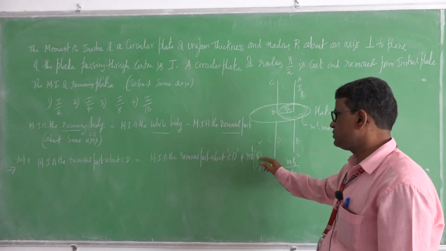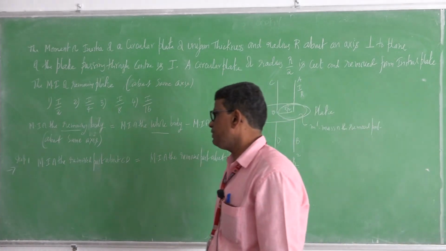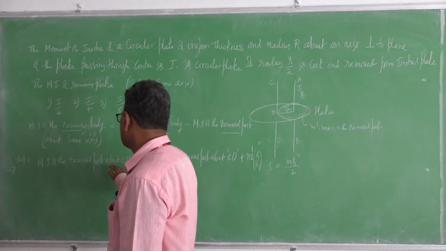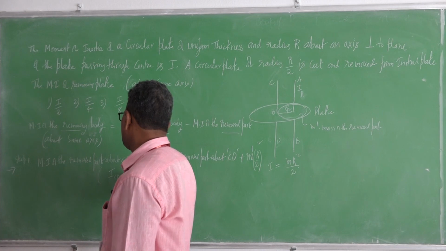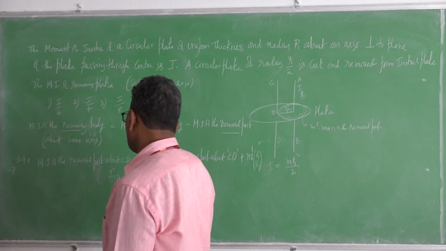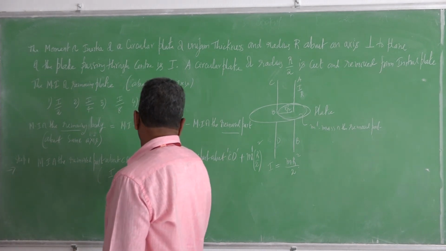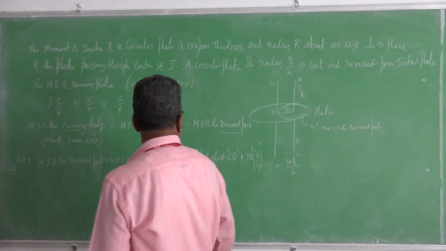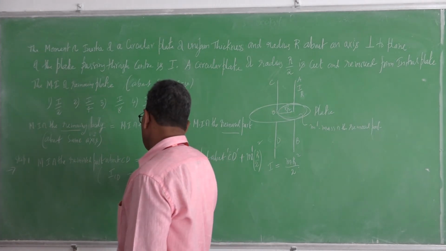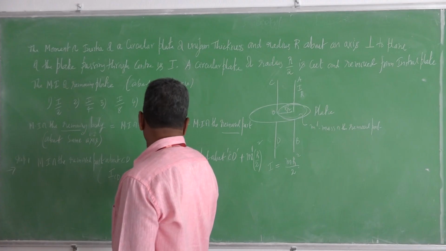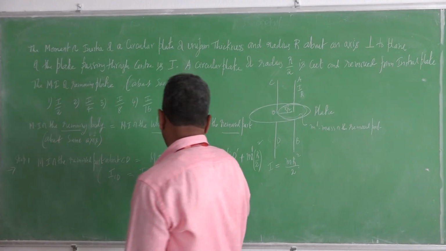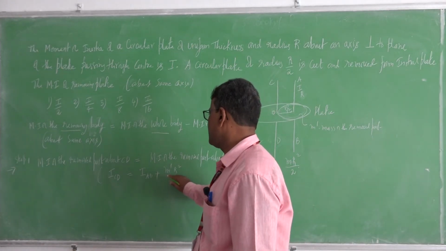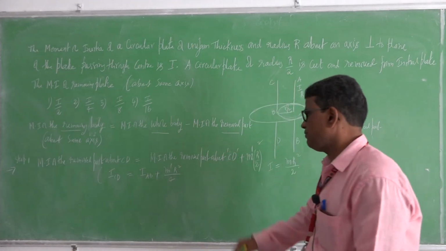So I am using this formula: the moment of inertia of the removed part about CD is equal to I about AB plus m dash into r square by 4.